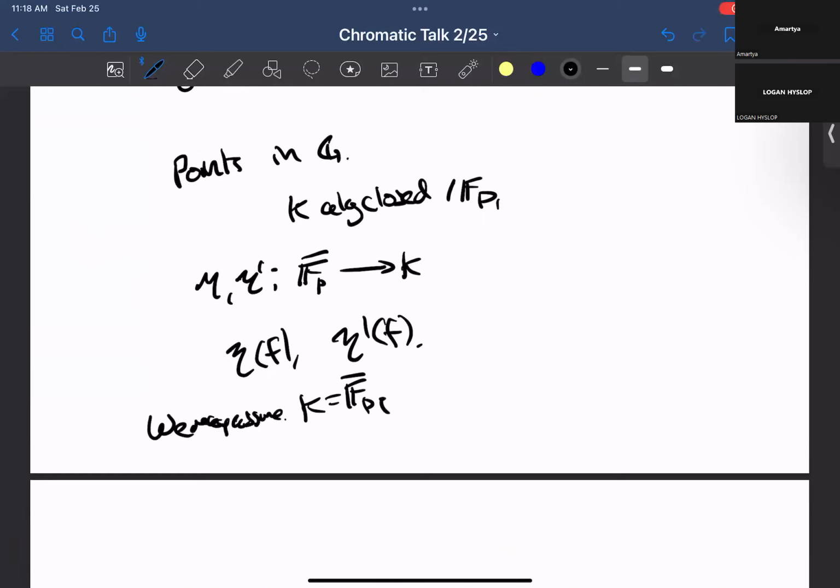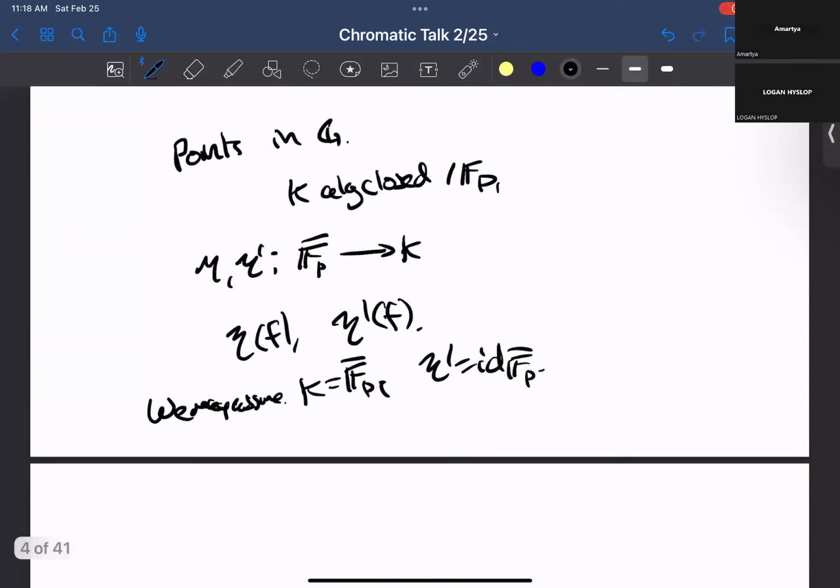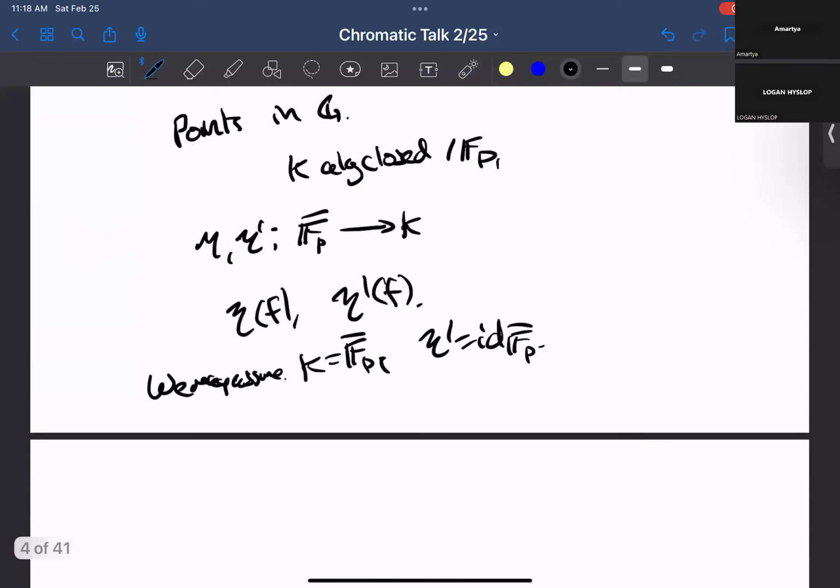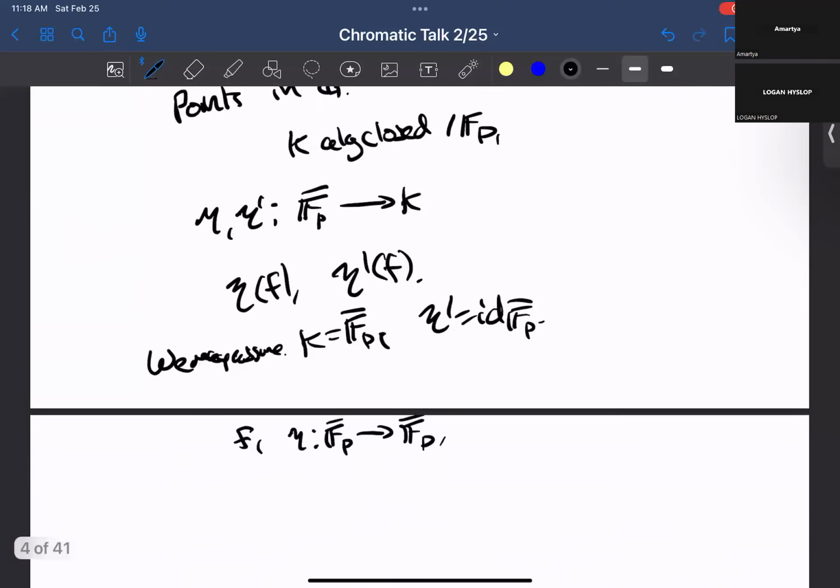So say we can choose eta prime to be the identity on FP bar, because we can just change it by an isomorphism. And then we're going to have the formal group law F and some eta mapping FP bar to itself, so something in the Galois group, such that eta of F is isomorphic to F here.